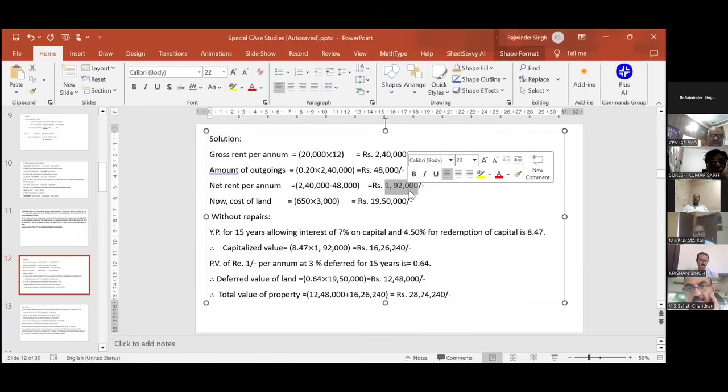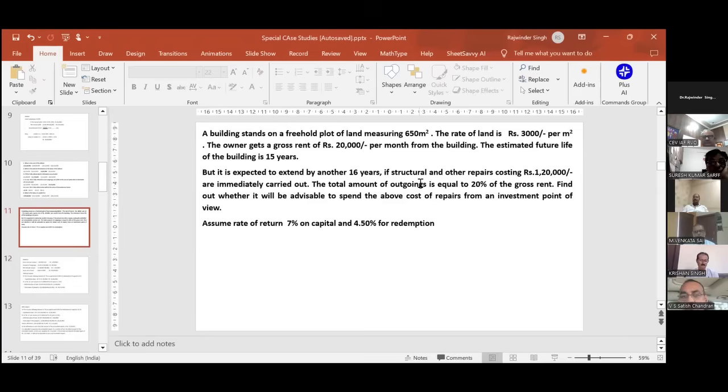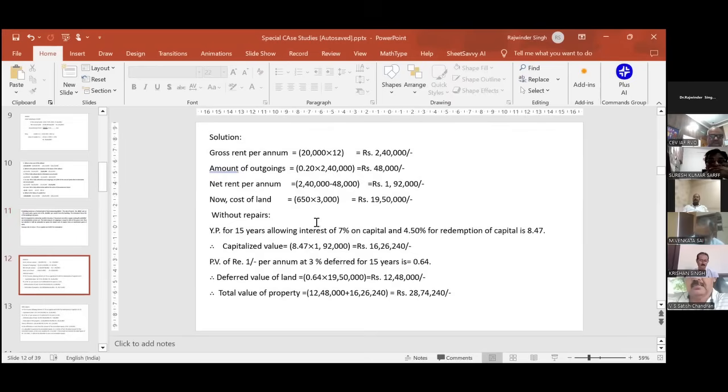And cost of land is also given to you. So without repair, cost of land is 650 into 3,000, square meter plot. It is 19,50,000.